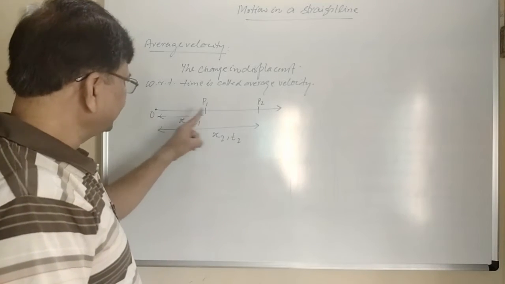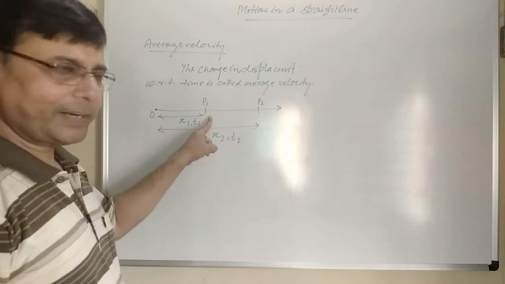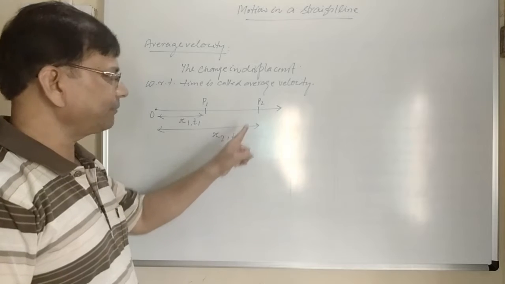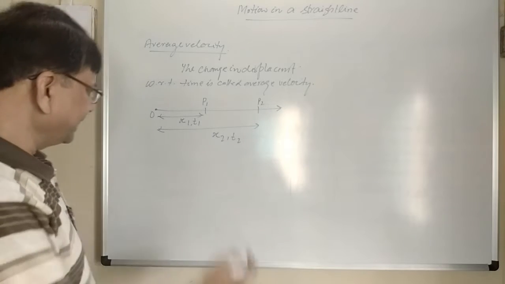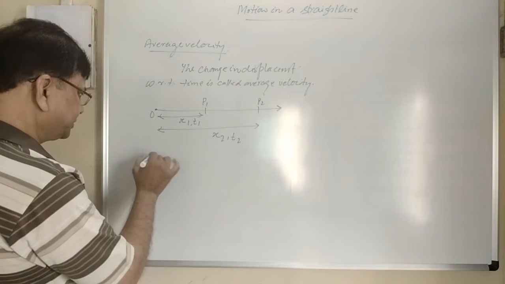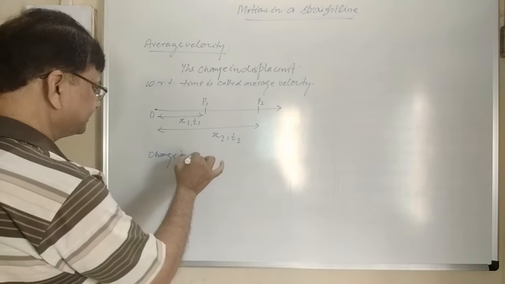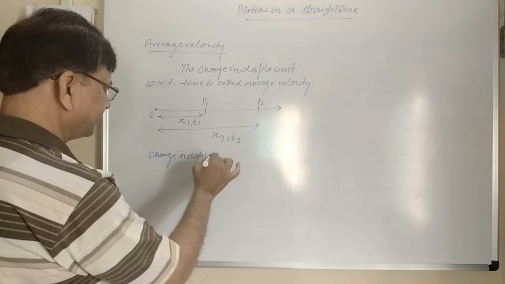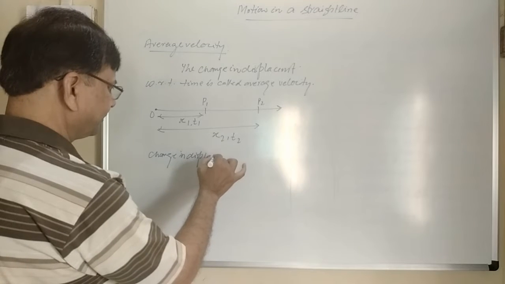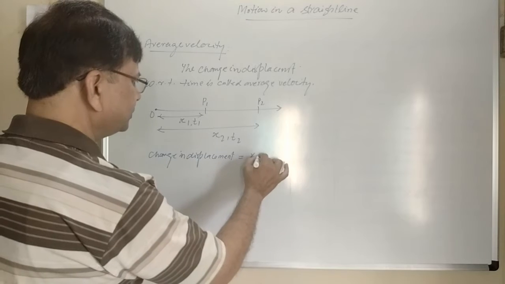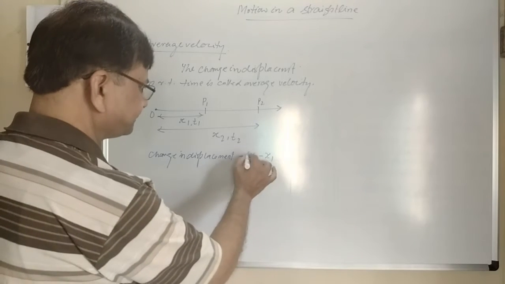So from O, the displacement over here is x1, time taken is t1. From O, the displacement is x2, time taken is t2. Therefore, the change in displacement is equal to x2 minus x1.